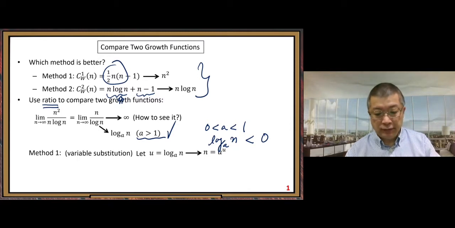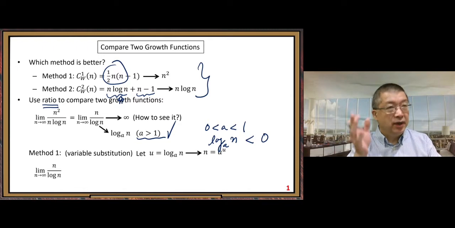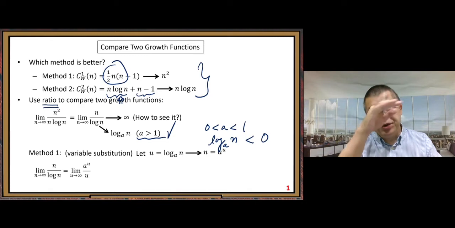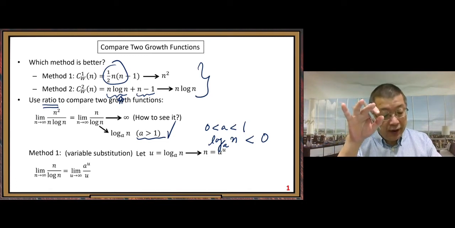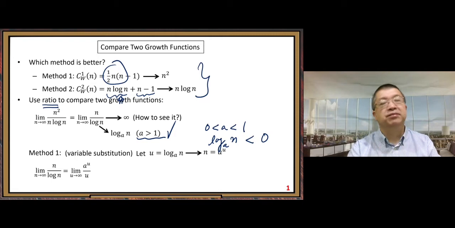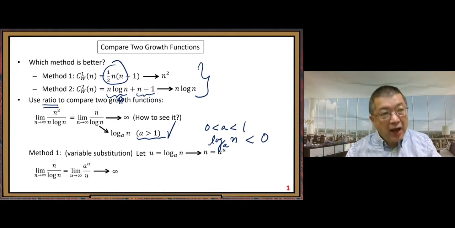All right. Then the limit of the ratio can be written with the u variable. u still goes to infinity. This time, the numerator is a to the u and the denominator is just u. When we write it as this ratio, we can say it is infinity.